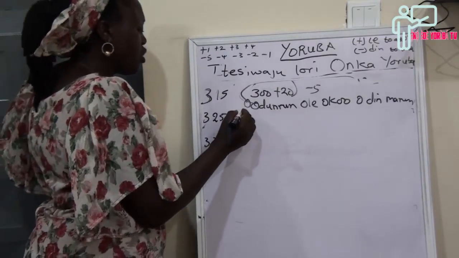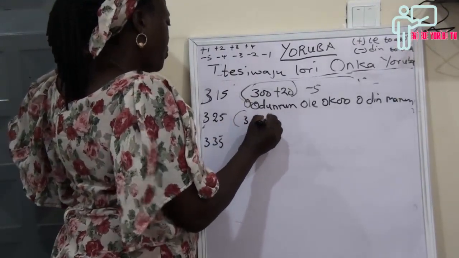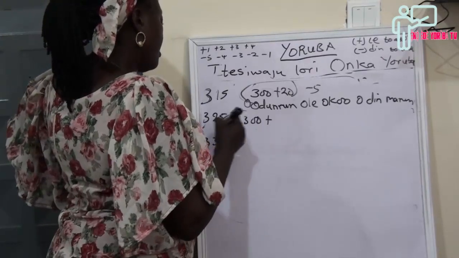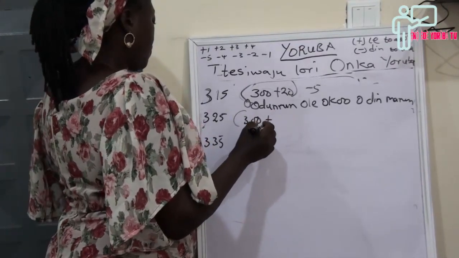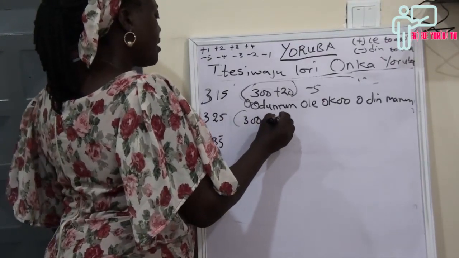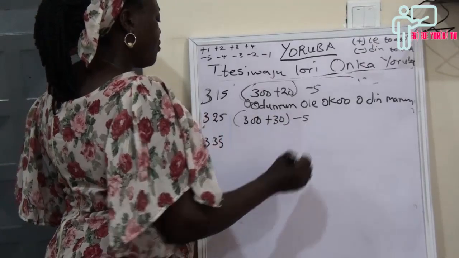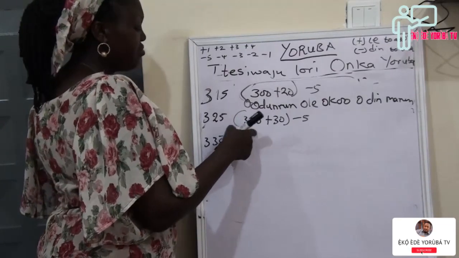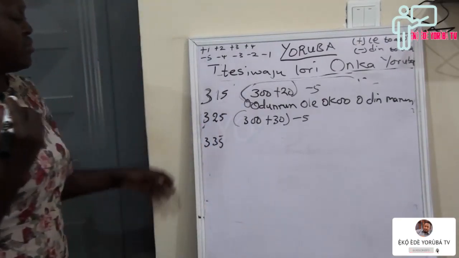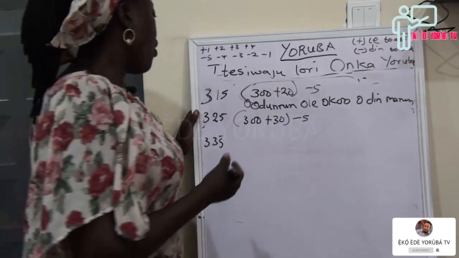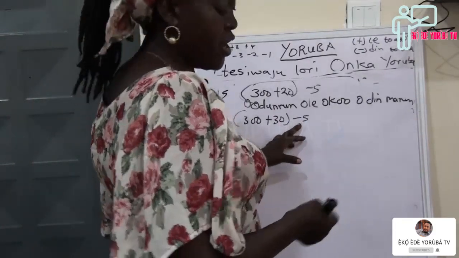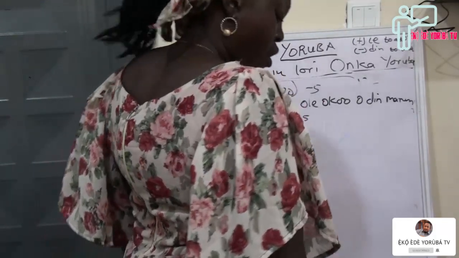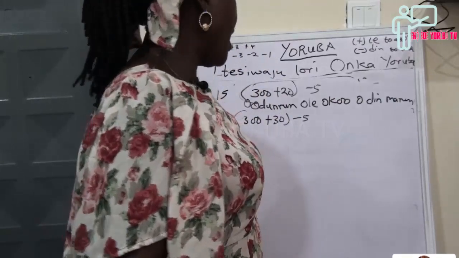And this one is also 300 plus 30 minus 5. So this one will now be, we can say ọ̀ọ́dúnrún ó lé lọ́gbọ̀n ó dín márùn-ún. Ó lé lọ́gbọ̀n ó dín márùn-ún.